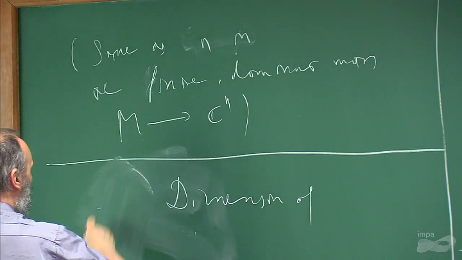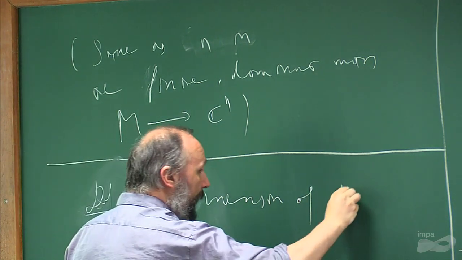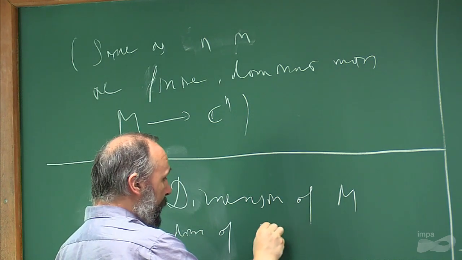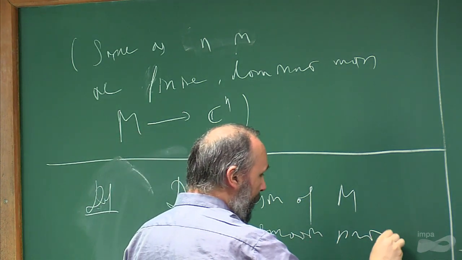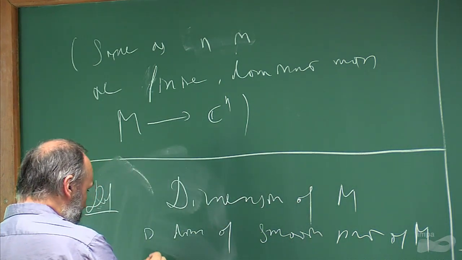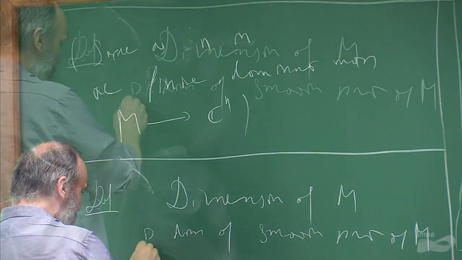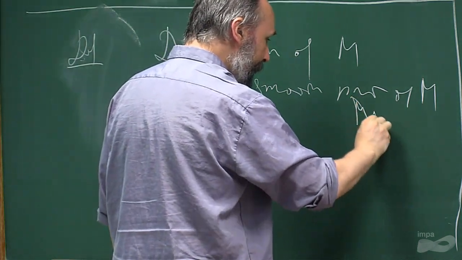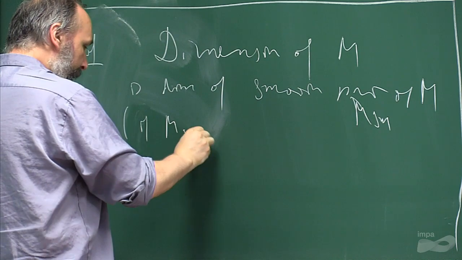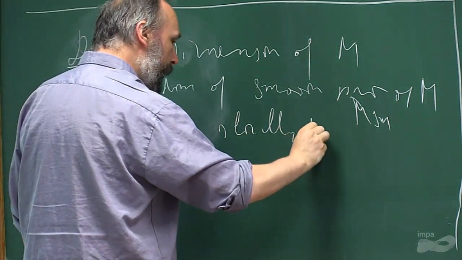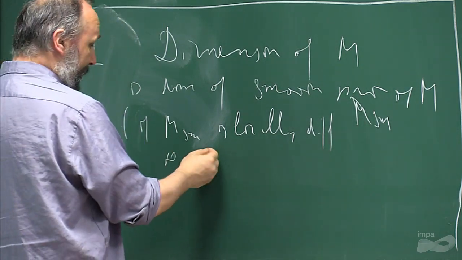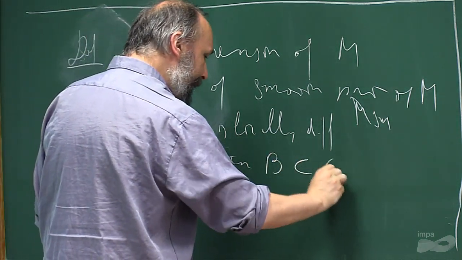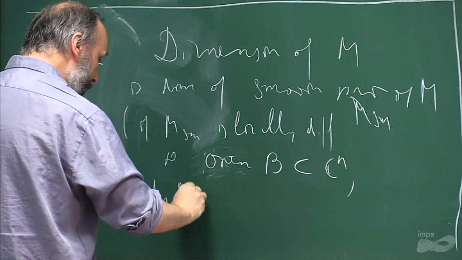Definition: the dimension of M is the dimension of the smooth part of M. If I denote the smooth part M smooth, and M smooth is locally diffeomorphic to an open ball B in Cn, the dimension of M is n.